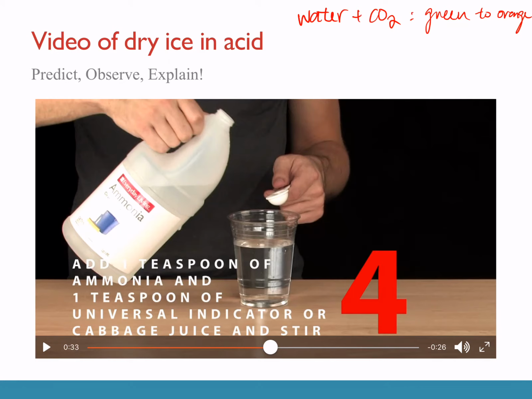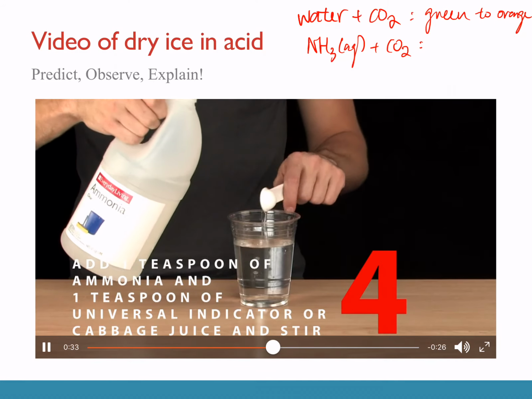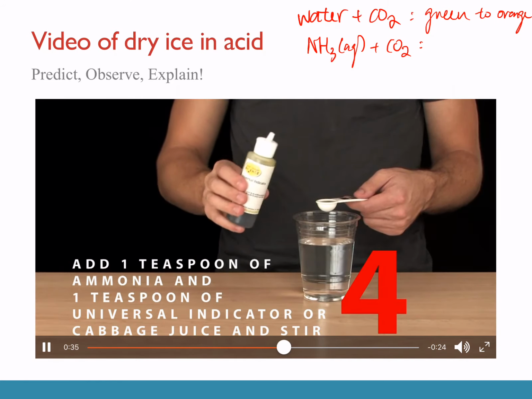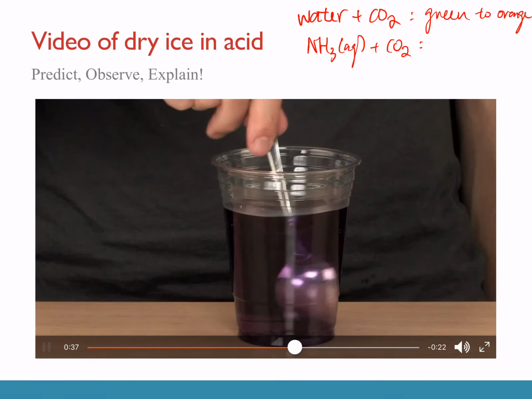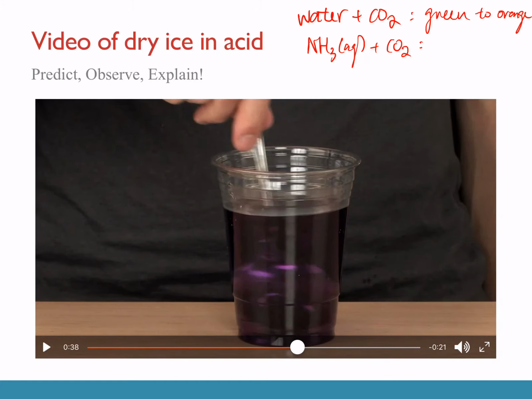Okay, let's continue on. This time is ammonia plus carbon dioxide. Okay, what do we have? Okay, now, why is this purple? Because ammonia is alkaline.